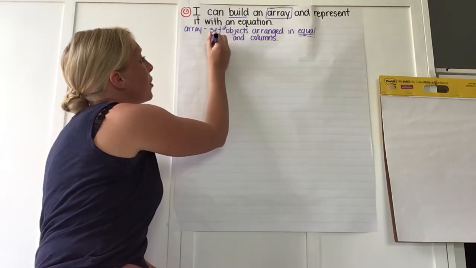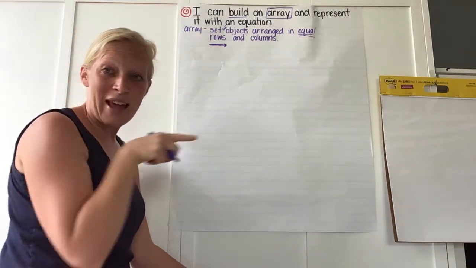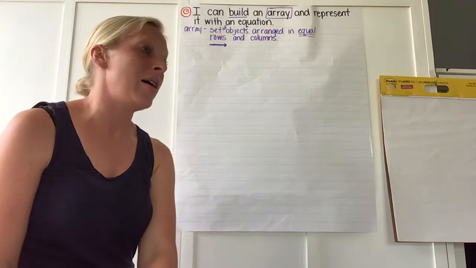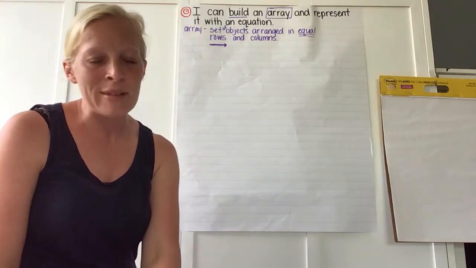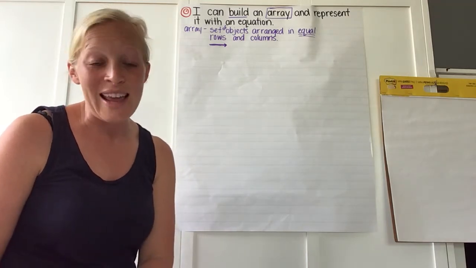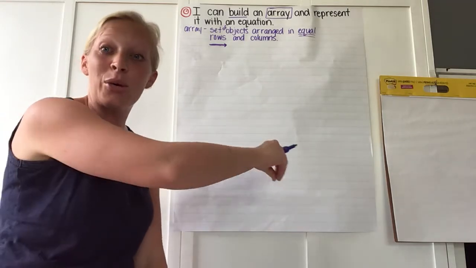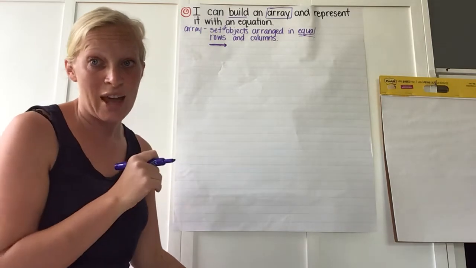A row of objects are the set of objects that are going this way. If I have a row of students in my classroom on my carpet, actually I have 3 rows of students in my classroom on my carpet. I have a row in the front, a row in the middle, and a row in the back. Those are my rows, the ones that go across, okay?